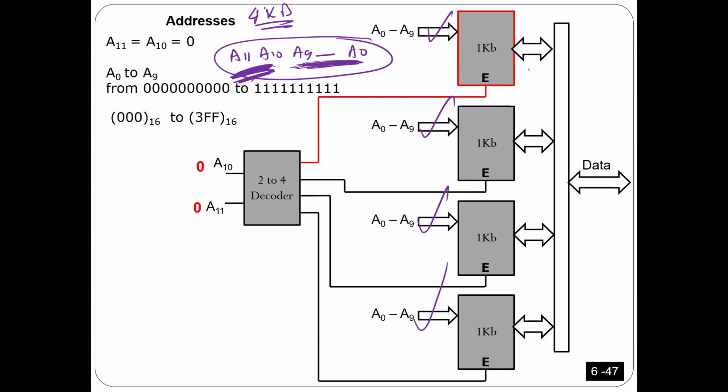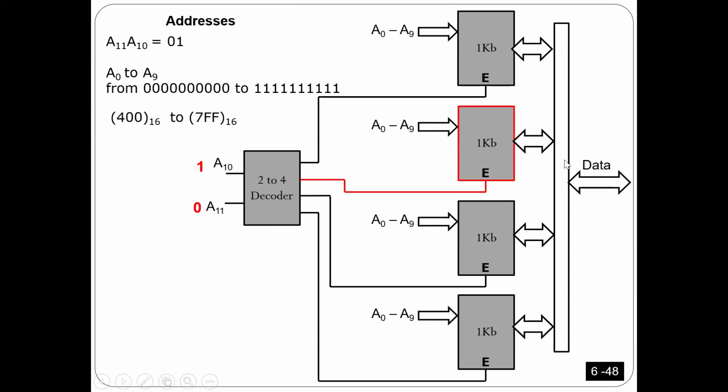So the last 2 bits, I'm going to connect to the decoder. That's why, if I put 0, 0, this one will work. If I put 1, 0, this one will work. If I put 0, 1, this one is working. And 1, 1, I'm going to select this one.